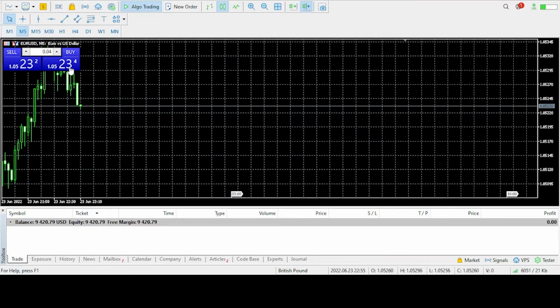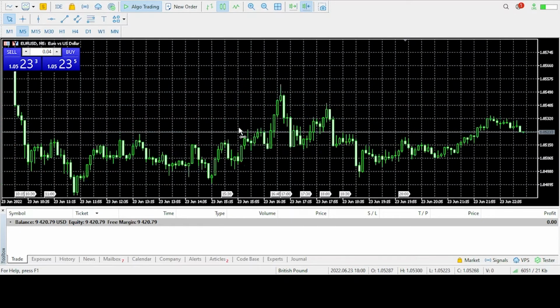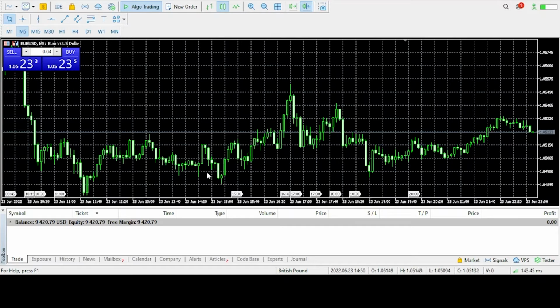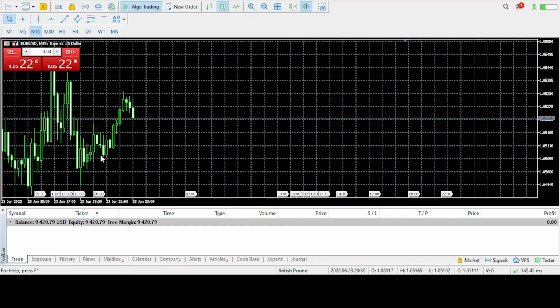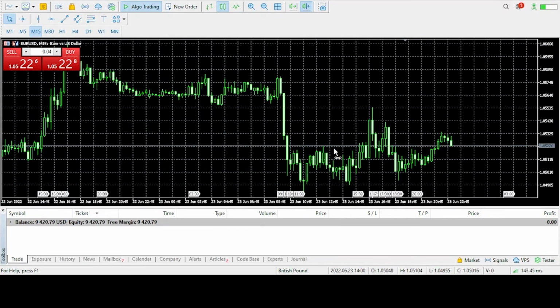Similarly, you have to see on the M5 chart. Here you see that the price is more or less sideways, but there was a small uptrend here, and now again the price is slipping downwards. Let's see what's there on the 15 minutes chart.